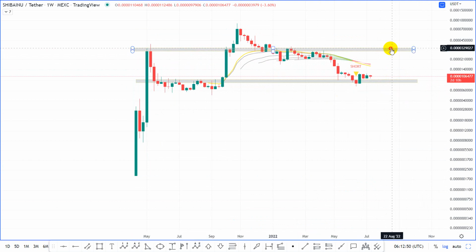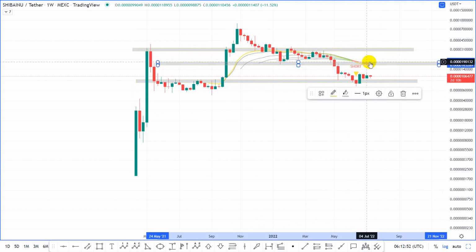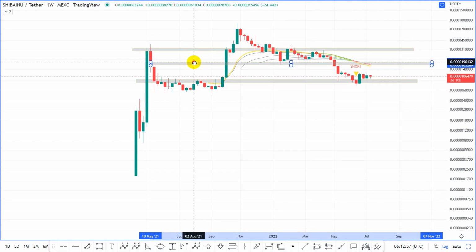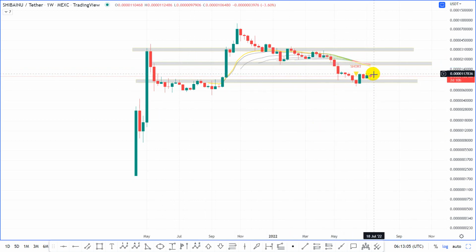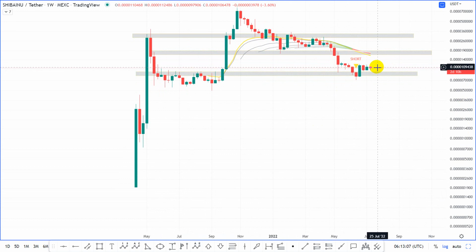Then I also want to mark this area. See, it had several touches over here and here, and a little reaction here, and I believe that this will be the zone if the price finally goes to the upper side. Here it is going to find some resistance, and if it goes lower, then definitely this zone is hard for it to break.